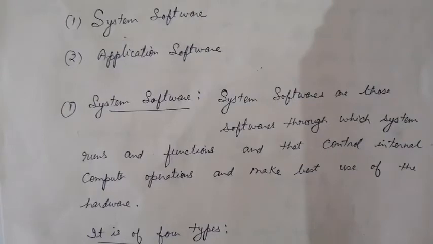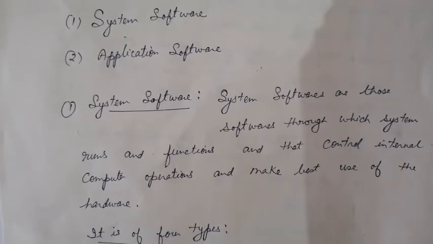And also it controls the internal computer operations. This operating system software operates the system, controls the internal operation of the system and makes the best use of the hardware.